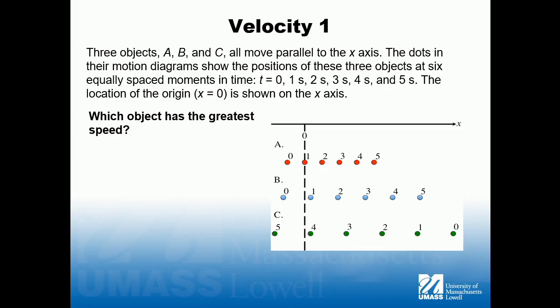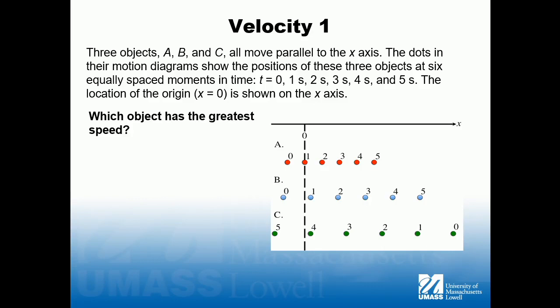So all these dots represent is the position of an object at certain periods of time. They're equal intervals of time. So all those dots are tracking the position of an object at equal intervals of time. Which object travels the furthest in a given interval? Red, green, or blue?